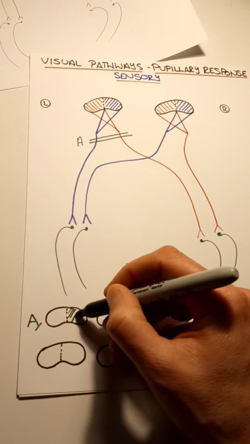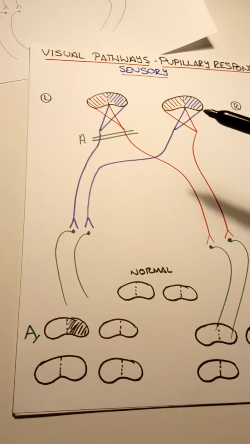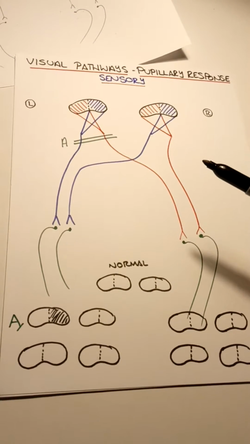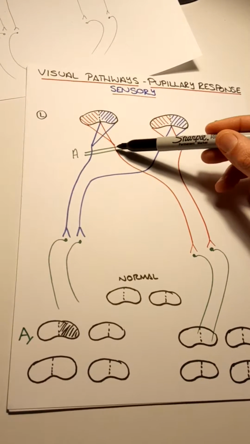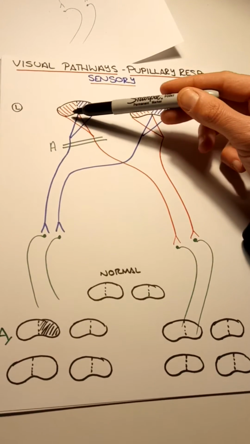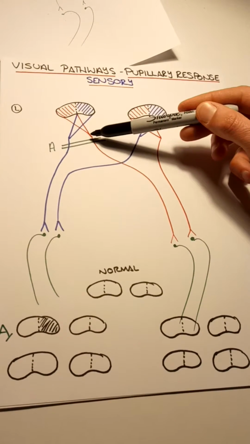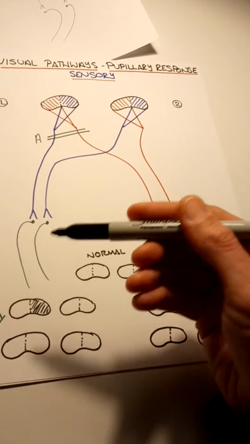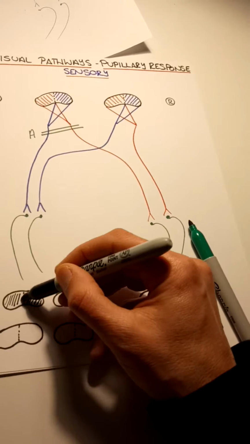So that's affecting that side. What else is that blocking? That is also blocking the left temporal field of vision, isn't it? So that's not going to get in, so we can block that out as well.